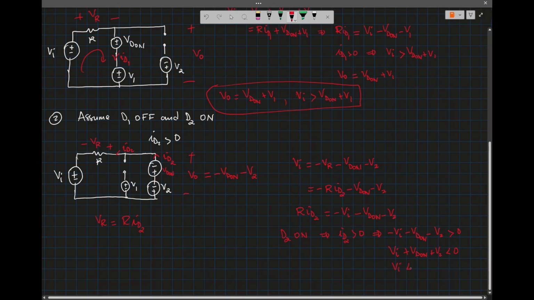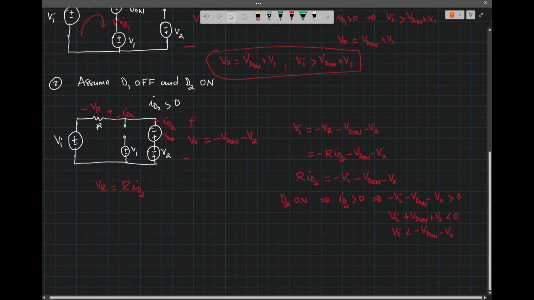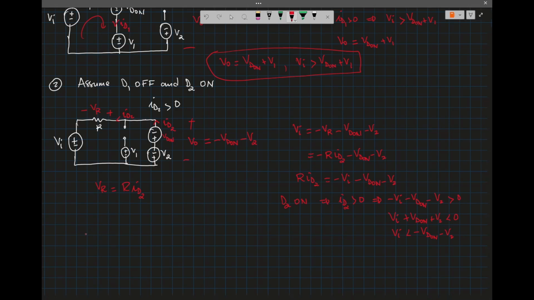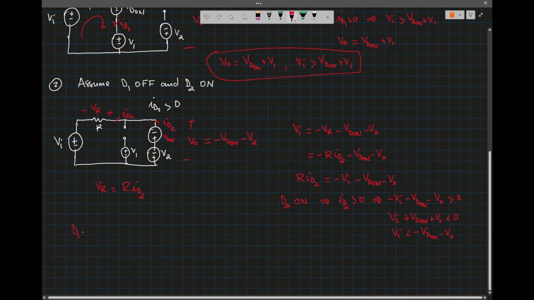So VI is less than minus VD on minus V2. So for this case, D1 off and D2 on, we have V0 equal to minus VD on minus V2, and VI must be less than minus VD on minus V2. So that is the second one.